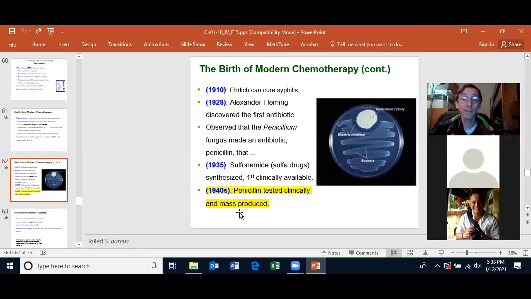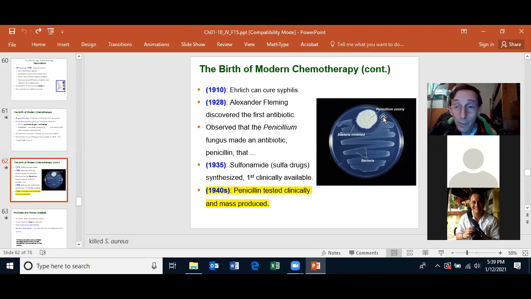The next drug that was found was by Alexander Fleming, who discovered the first antibiotic. What he did was he streaked bacteria out on a plate, and he was a poor microbiologist, and he got contamination of his plate. And then he left the plate on the counter and went away for the weekend, and then came back and looked at the plate he streaked out, and sure enough he had growth on it. The bacteria he streaked, and then a contaminant, a penicillium mold.